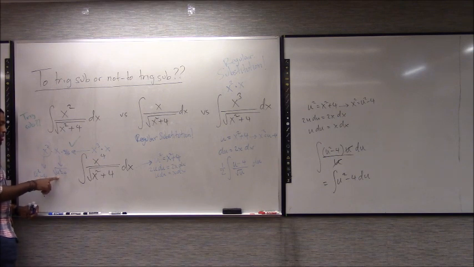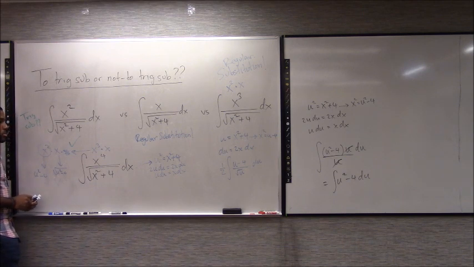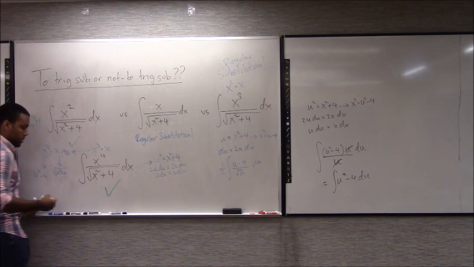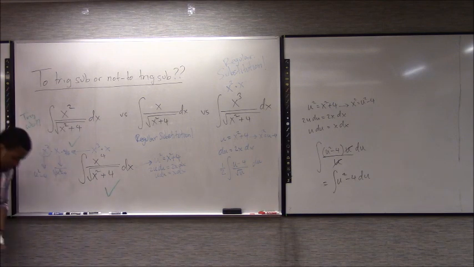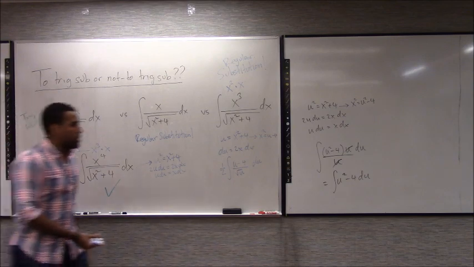At this point you would have done u equals 2 secant theta. But if you resorted to doing that anyway, you might as well have done it from the very beginning. So this is also another situation in which I would use trig sub, not necessarily because I'm a fan, but because it's more efficient.